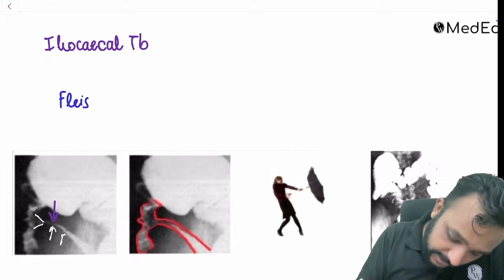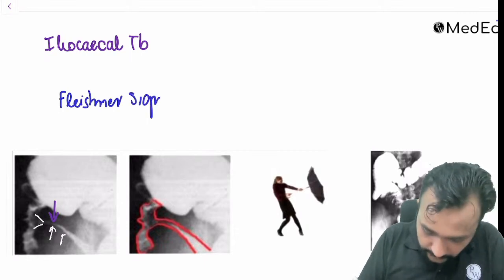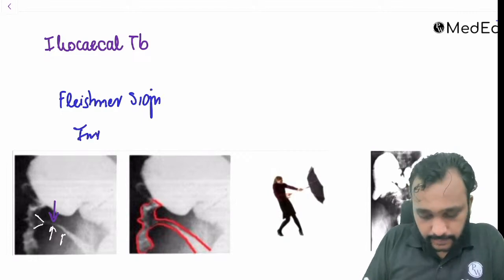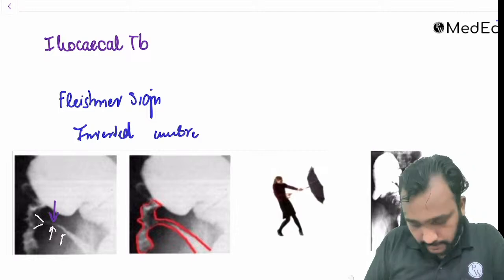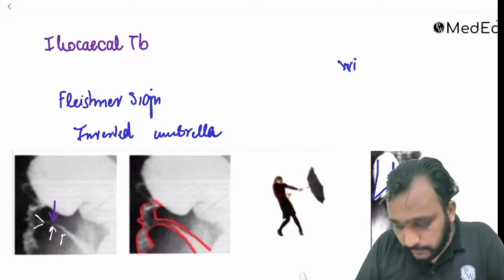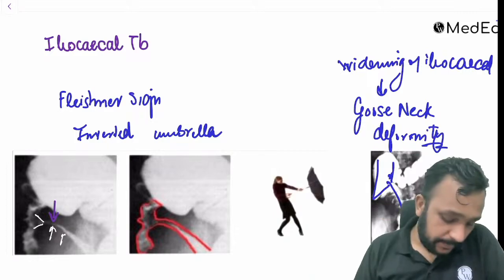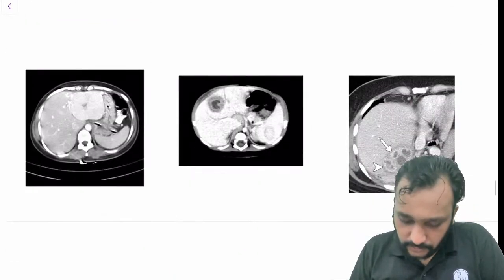This is known as the Fleischner sign, or it is known as the inverted umbrella sign, right? Here in this image, we can see widening of the ileocecal angle, the goose neck deformity, that you are going to see in patients with ileocecal tuberculosis.